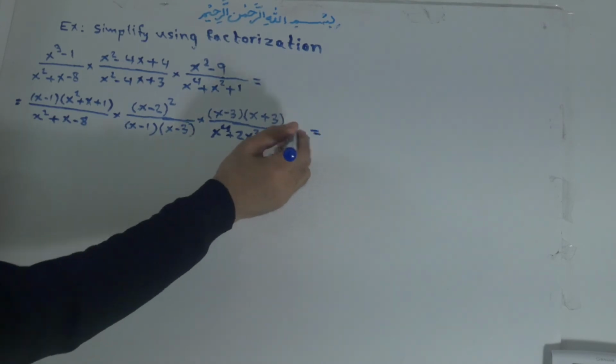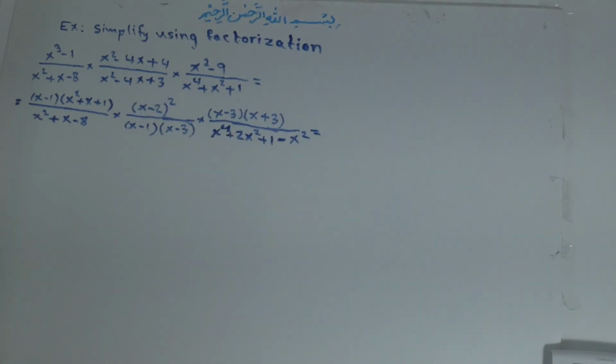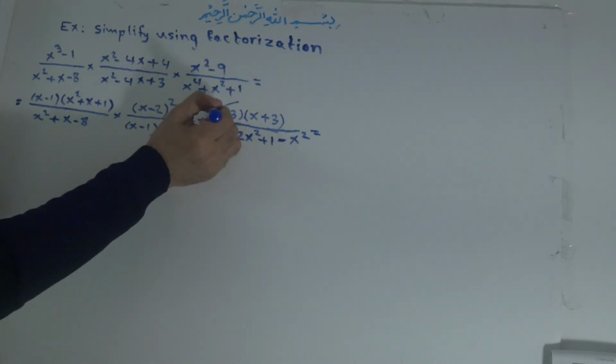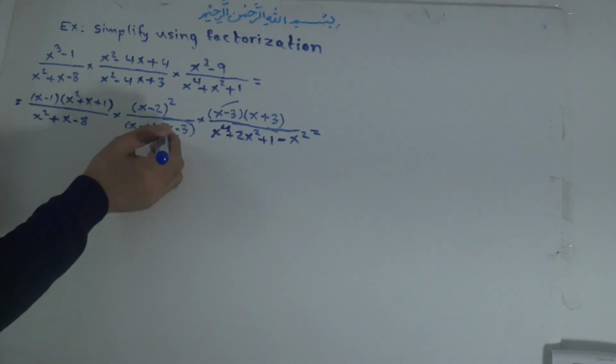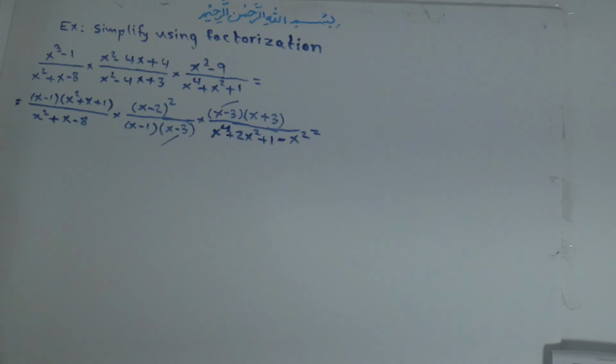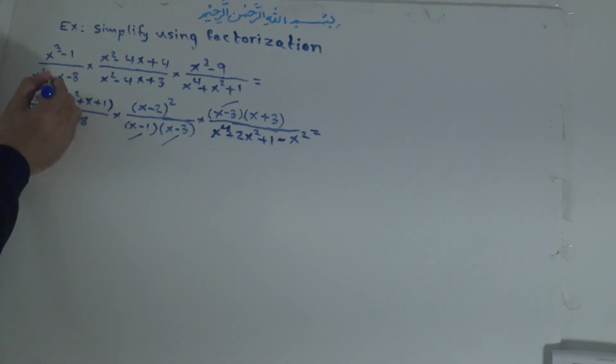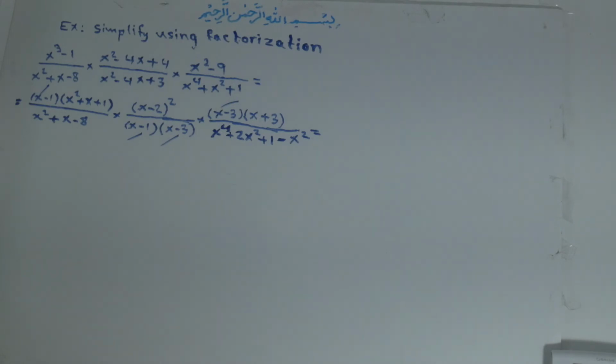Now this is equal to, what do we do, we reduce x minus 3 with x minus 3 and x minus 1 with x minus 1, and what is remaining here?